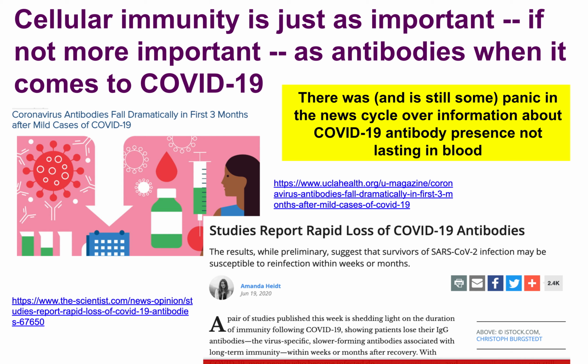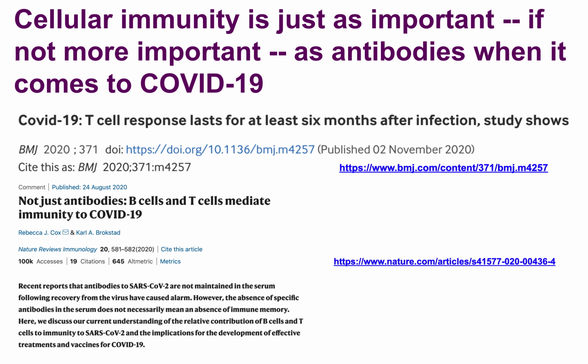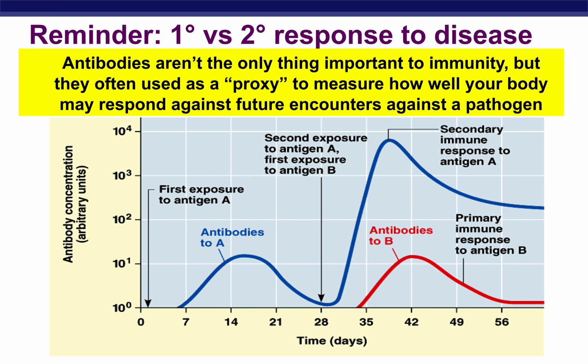But what we often forget is cellular immunity, T cells and B cells. Oftentimes people talk about antibodies as though they're the only thing in your immune system and your specific immunity, but they're not. The reason we usually talk about antibodies is that they're way easier to measure. They're a proxy for how well your immune system responded to something.